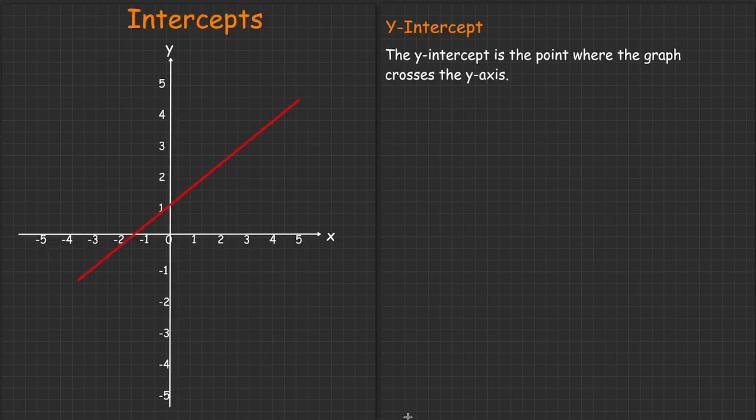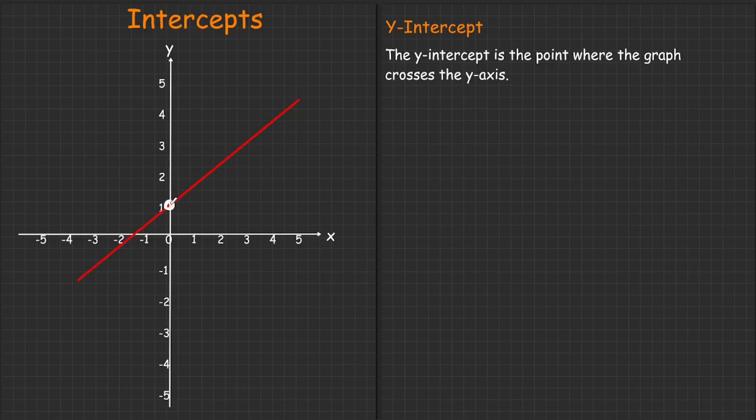With these two intercepts we have, the first one we'll be looking at is the y-intercept. The y-intercept is the point where the graph crosses the y-axis. As we have said, this is our y-axis. So if this is our y-axis, looking at the line we have, where does it cross the y-axis?